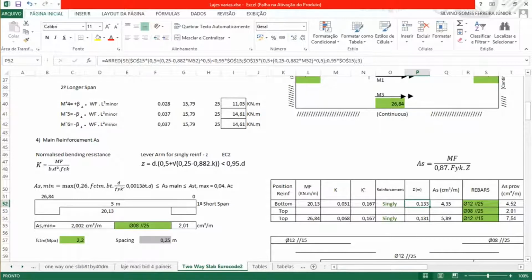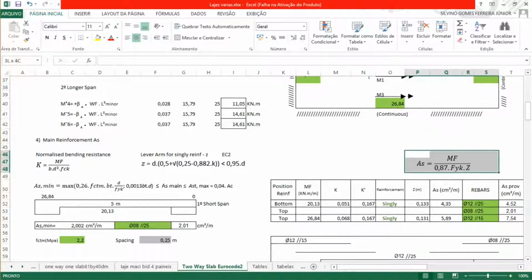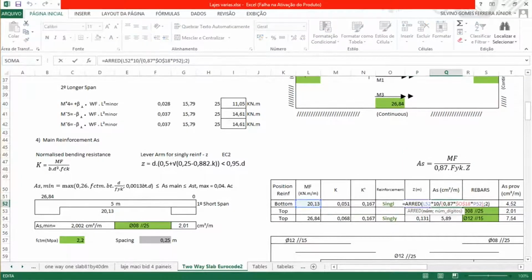So, for main reinforcement using this equation, we'll get 4.35 square centimeters per meter. So we transform it to centimeters here in the expression.